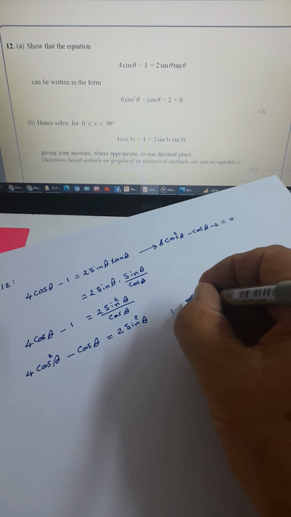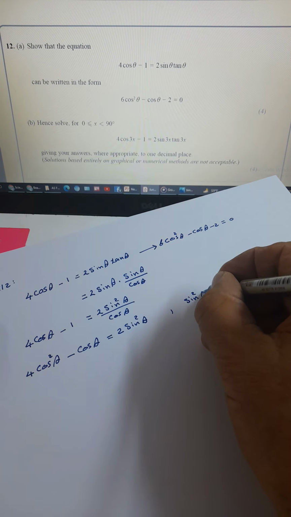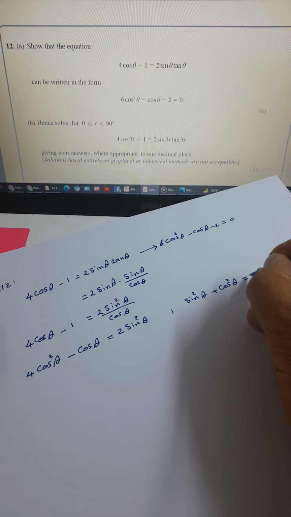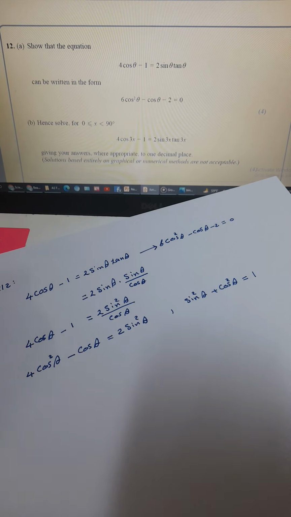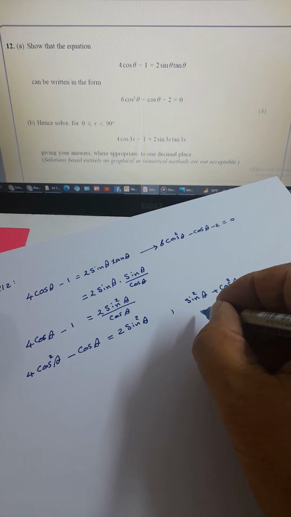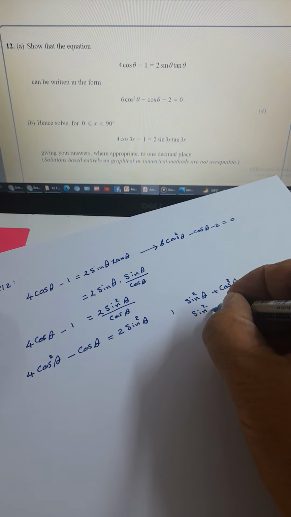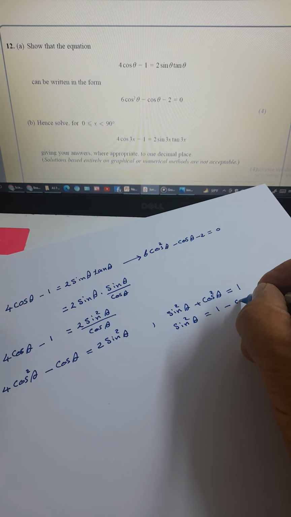Now using the identity sine squared theta plus cosine squared theta equals 1, sine squared theta equals 1 minus cosine squared theta.